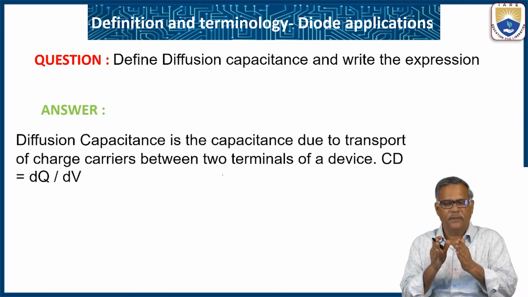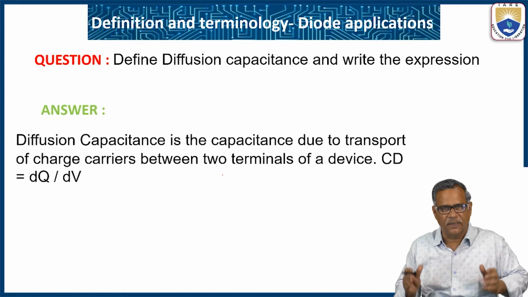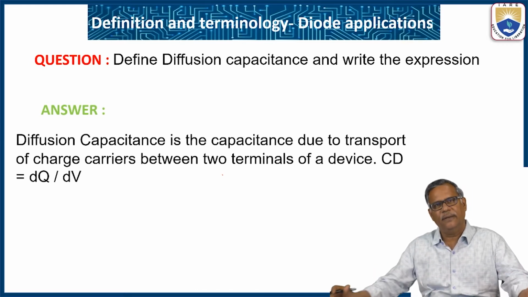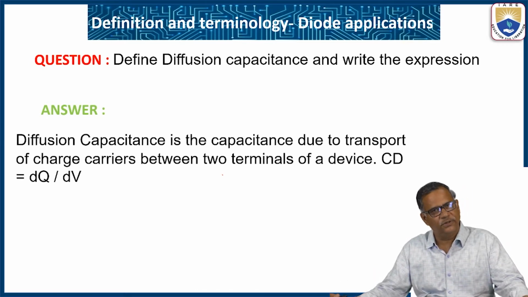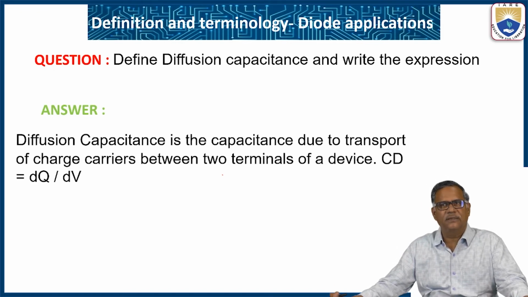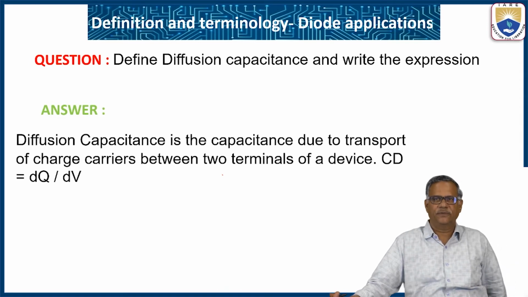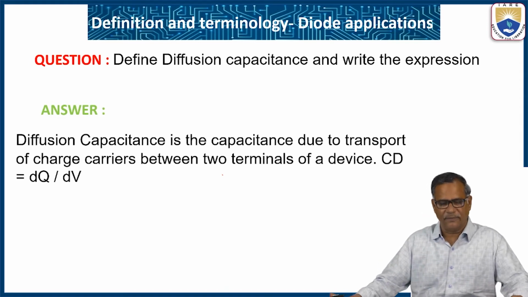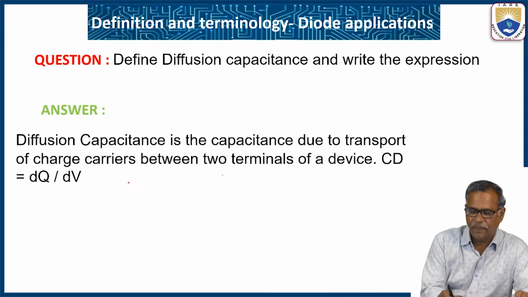The depletion layer width reduces. So there is going to be change in the charge carriers with applied external voltage. Whenever there is a change of charge with voltage, we have a capacitance effect. So diffusion capacitance is a capacitance due to the transportation of charge carriers between the two terminals of a device.